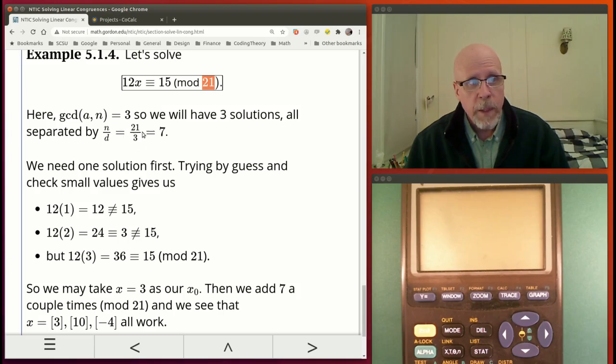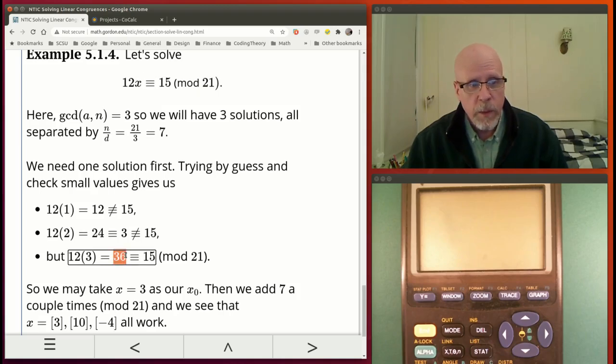They're separated by n over d. So before you go 7 units, you should be able to find one. So that's what he's doing. He's just multiplying 12 by 1, then by 2, then by 3. And as soon as you get to 3, you've found one. 36 is 21 plus 15. So yeah, 15 is our number there.